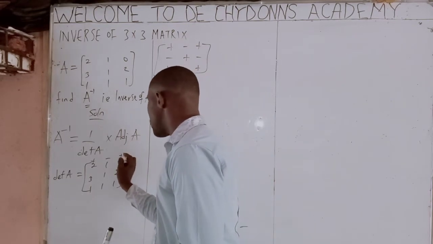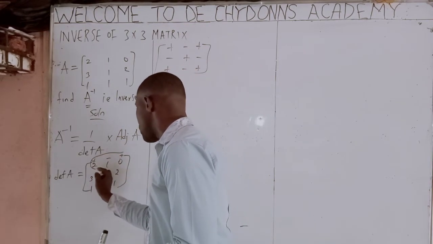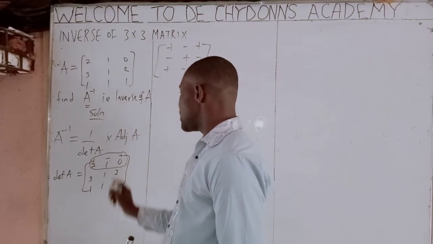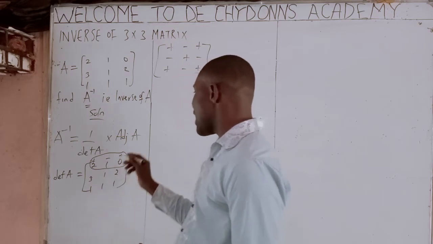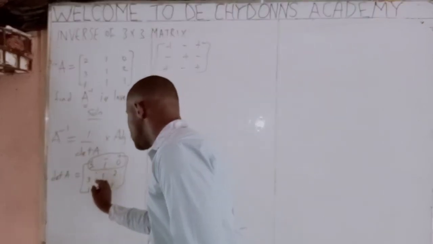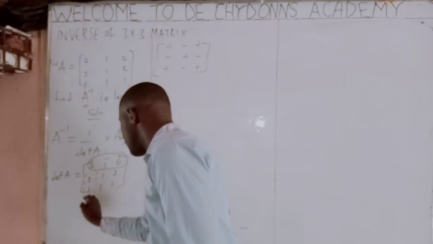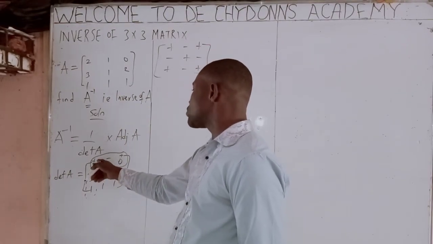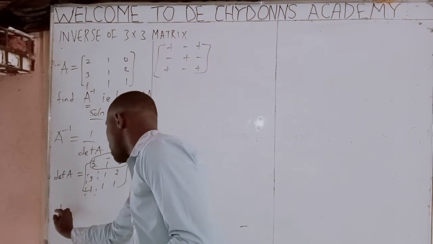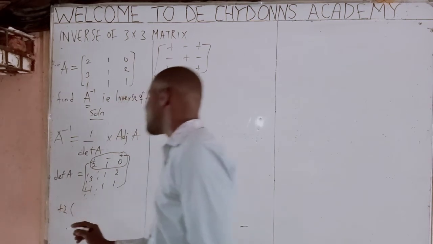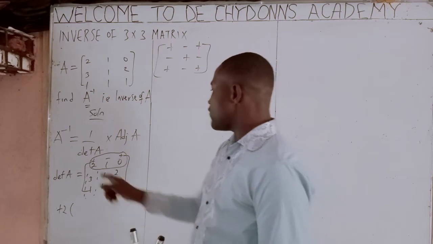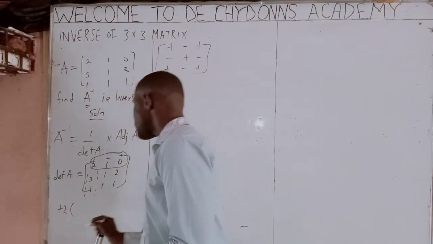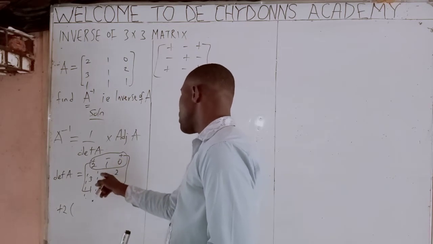Now, I will circle the first row. Once I circle it, then I will say, okay, when I hold the first column, then the first element in the first row, I will bring it, that is plus 2 bracket. If I bring out this plus 2, what happens? We have 4 elements here.